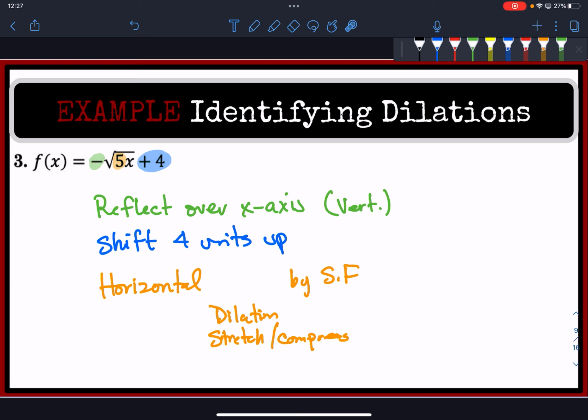So we flip this number and think about this as 1 over 5. That's going to be our scale factor. So we're not really multiplying our x's by 5, we're really multiplying the x's by 1 over 5. And since 1 over 5 makes things smaller, that's the hint I use to know that this horizontal dilation is going to result in a horizontal compression.